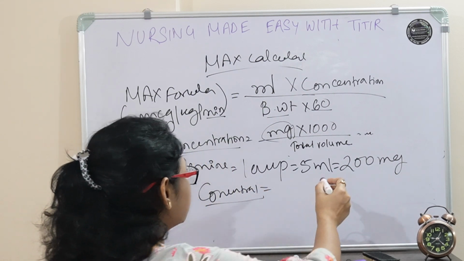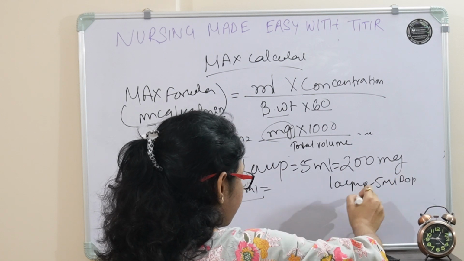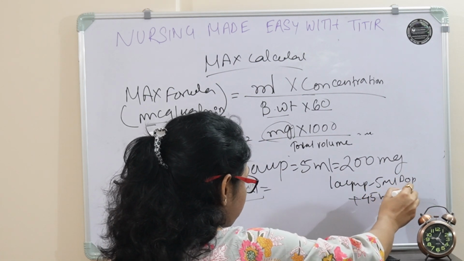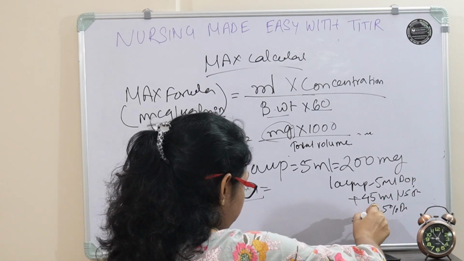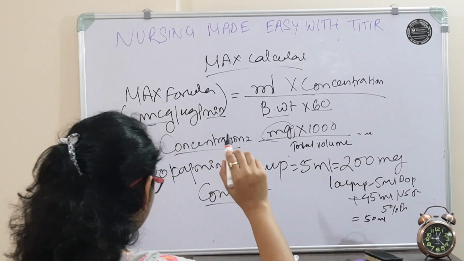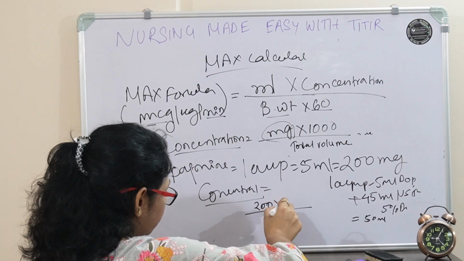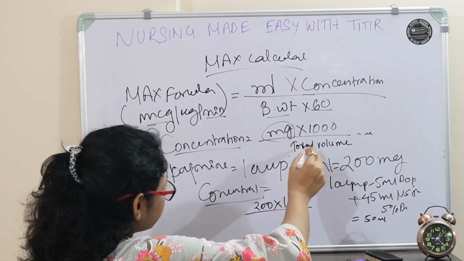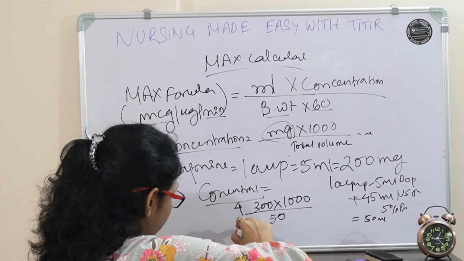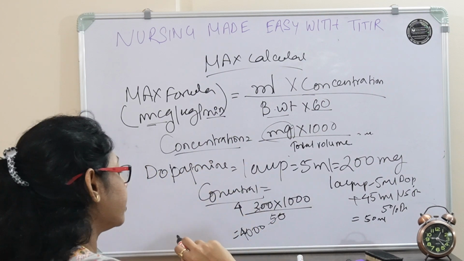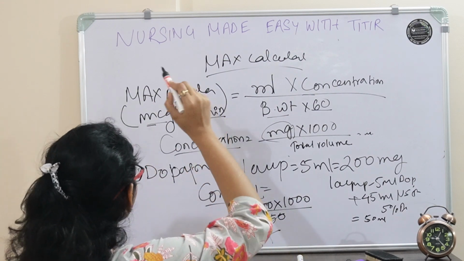For dilution, we will take 1 ampule, that means 5 ml of dopamine, plus 45 ml of NS or 5% dextrose. So the total will be 50 ml. Concentration is 200 mg into 1000 divided by total volume, that is 50. So the concentration of dopamine in 50 ml of dilution is 4000. We will use this 4000 in our max formula.